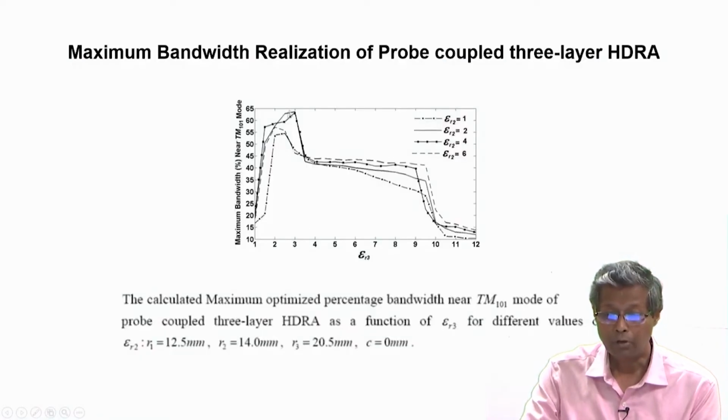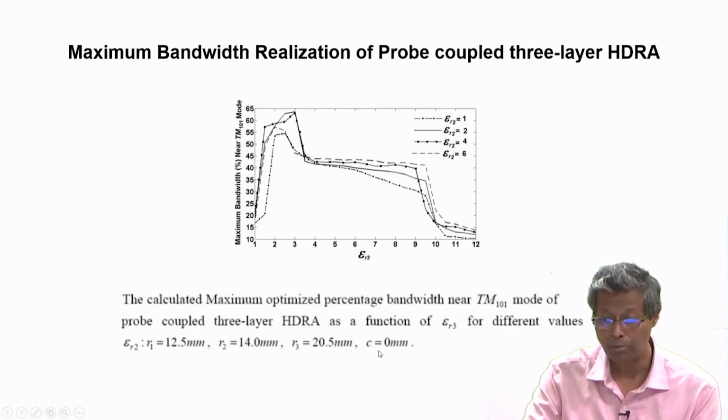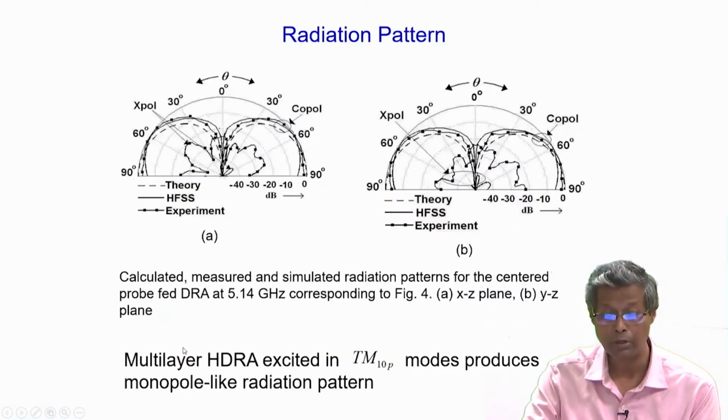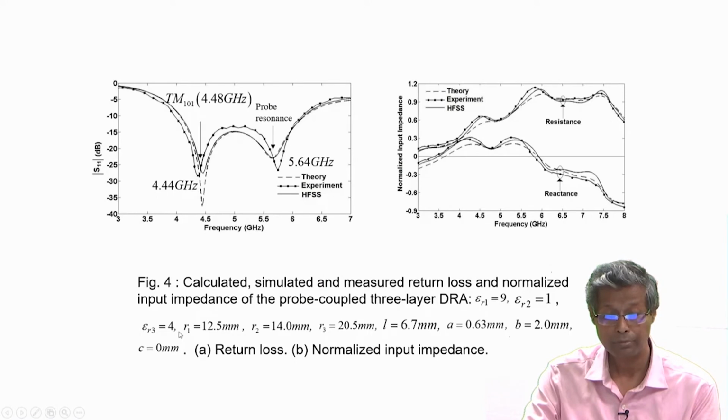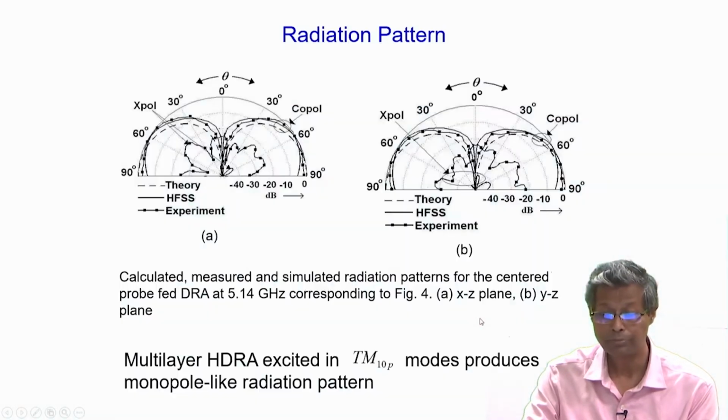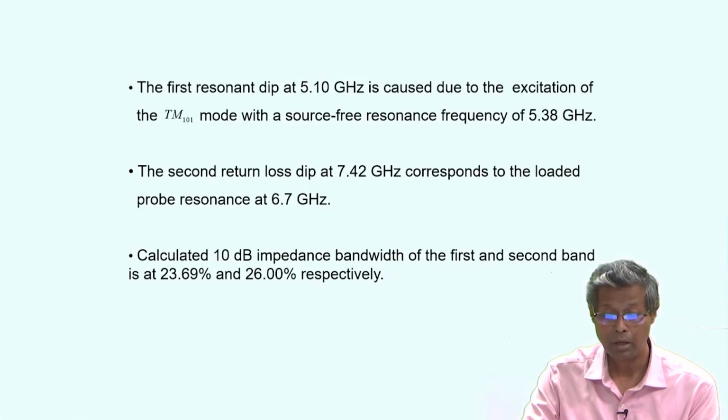This is the curve for the maximum bandwidth realization for the probe coupled HDRA. So, here we have R1 12.5 millimeter, R2 14 millimeter, R3 20.5 millimeter, centered probe, and we show epsilon r1 equal to 9 as we chose in this figure.